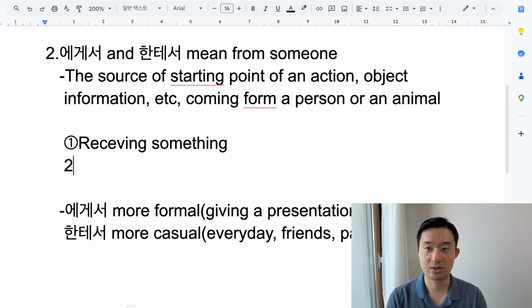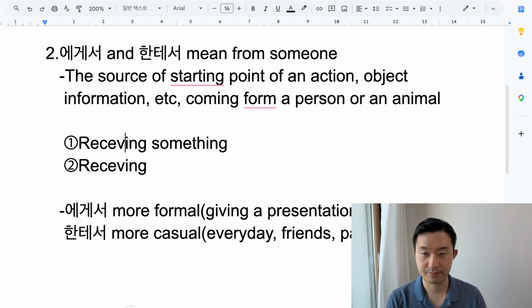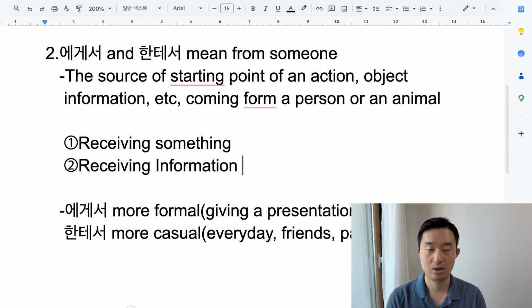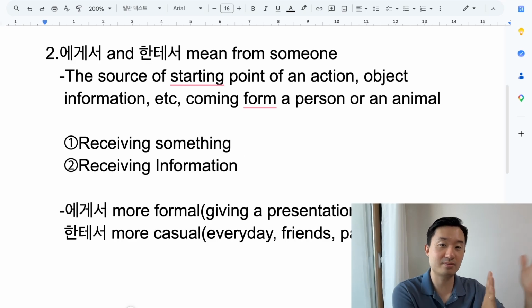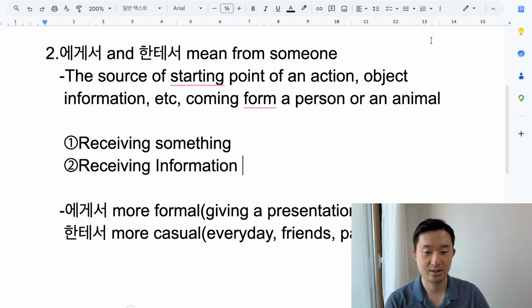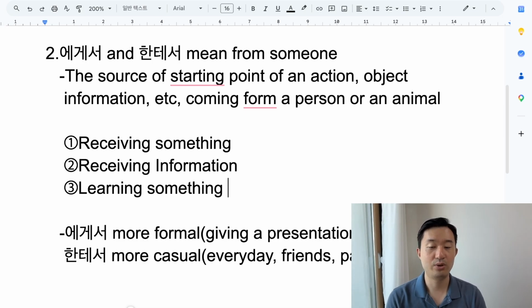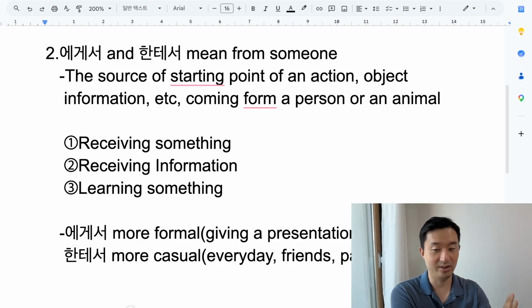The second case is receiving information. Like, where did you hear this news? Oh, I heard it from someone. And the third case is learning something, when you learn something from someone.